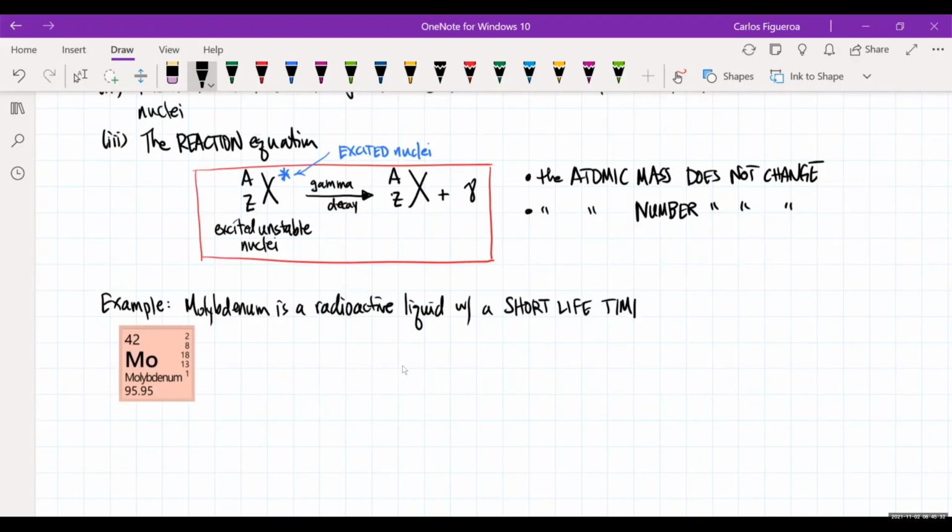So it only lasts minutes. And these are used in medical imaging.